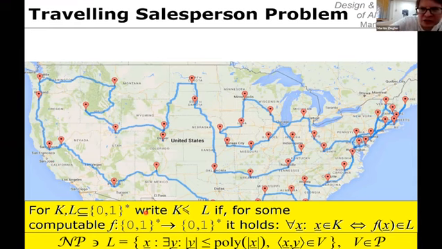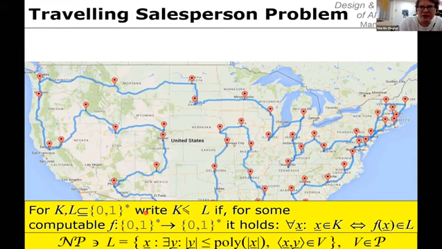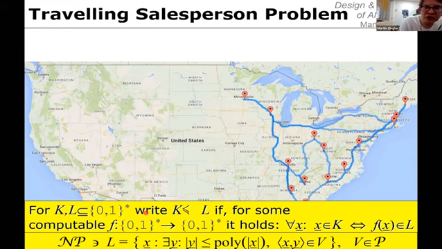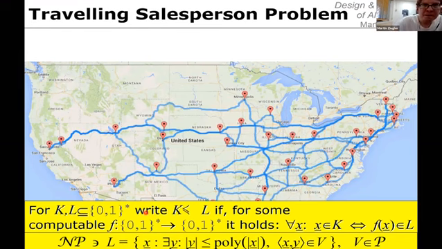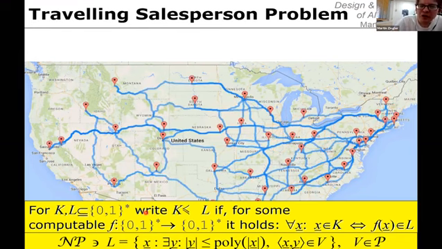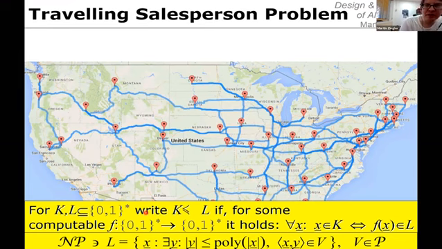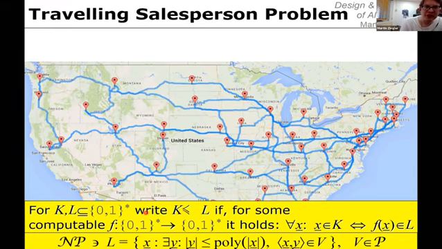This is the traveling salesperson problem. This is an optimization problem, a minimization problem: find a shortest tour. And we're going to reformulate that as a decision problem using the method we've already mentioned.